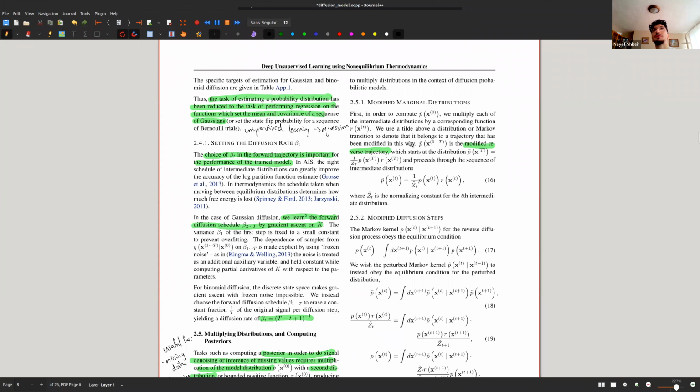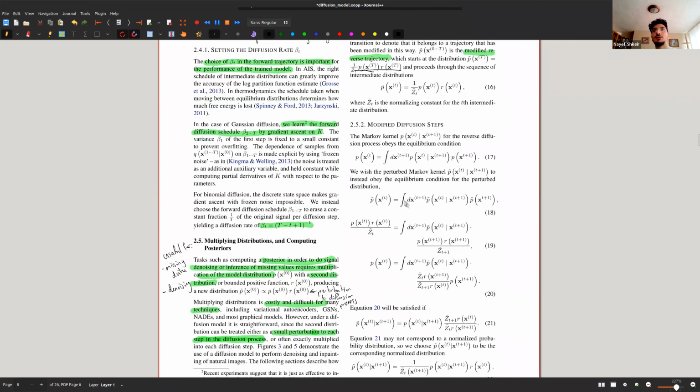Yeah, and so you modify your reverse trajectory, which now starts as this distribution, where this P of xt is just a normal Gaussian.